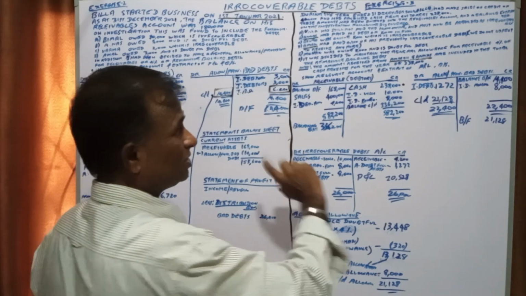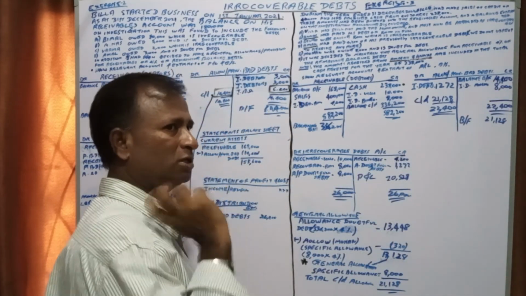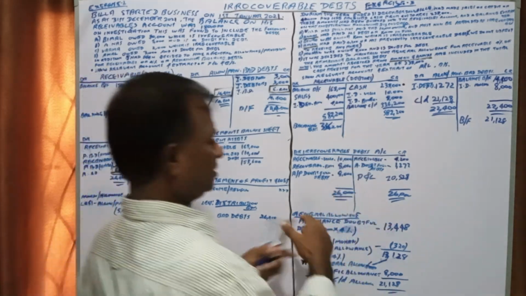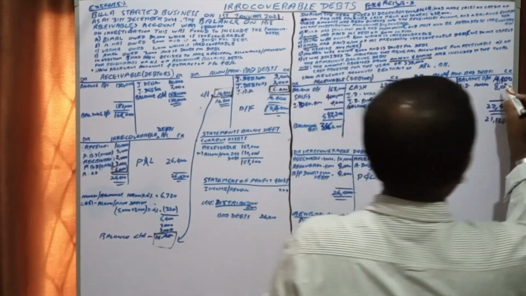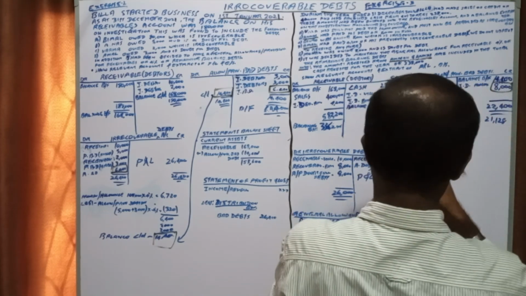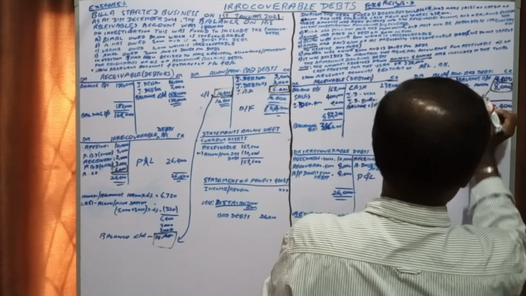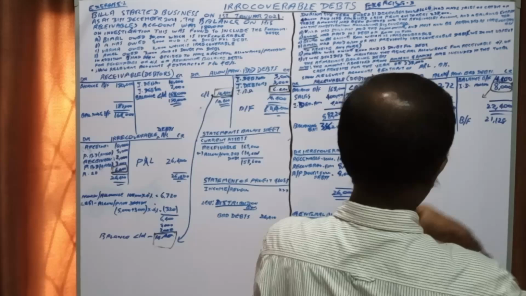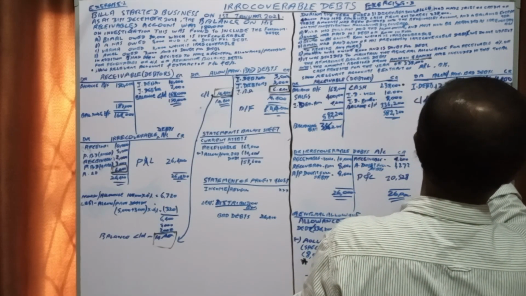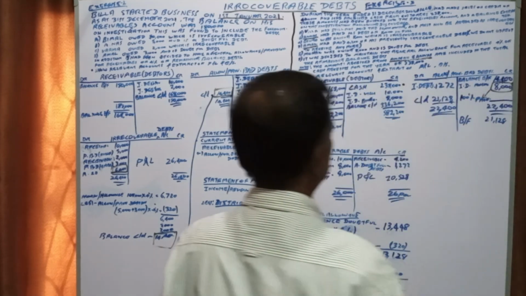General allowance, which includes this specific allowance. Specific allowance means totally we are giving the provision, means 100% provision. This is known as 100% provision. Provision or allowance, right?